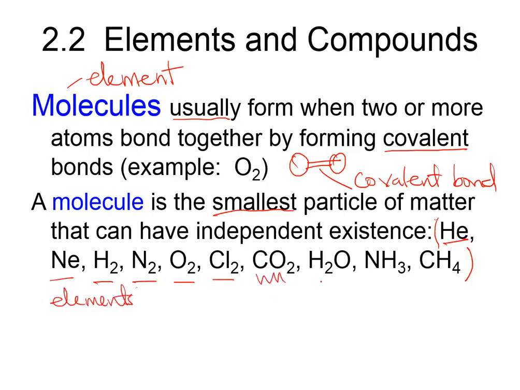Now this, and this. All of these are compounds. So a molecule comprises both elements and compounds. Here they are defining a molecule also as an element, but really both elements and compounds comprise a molecule.